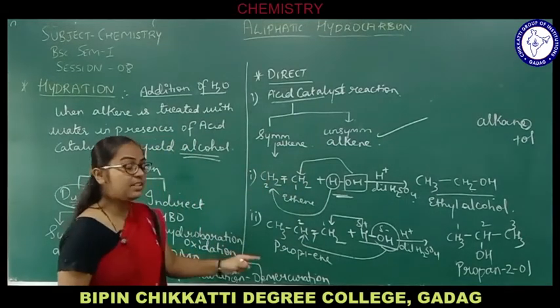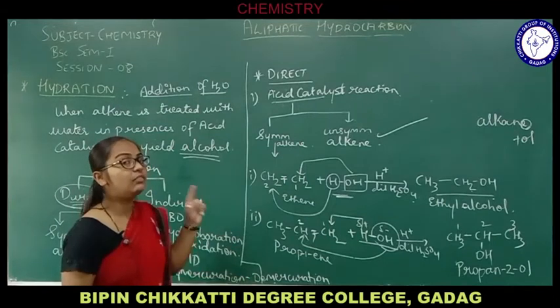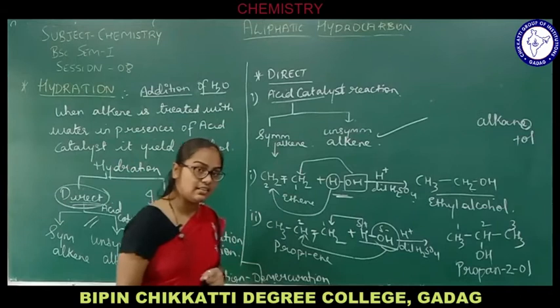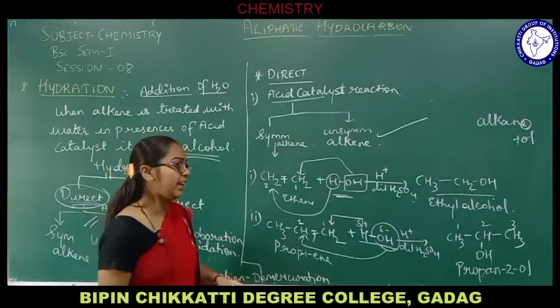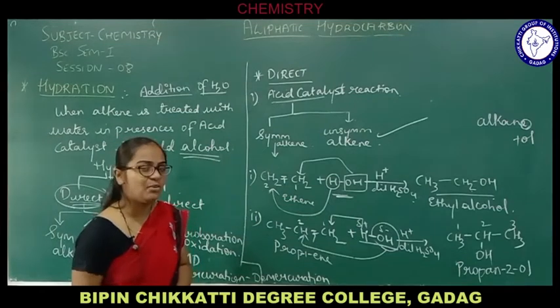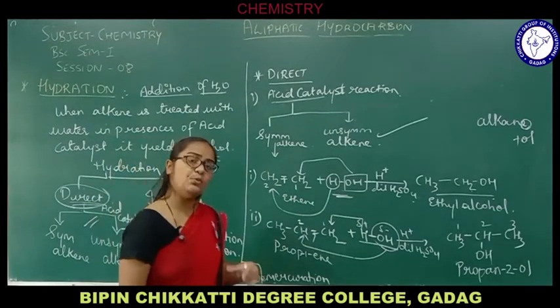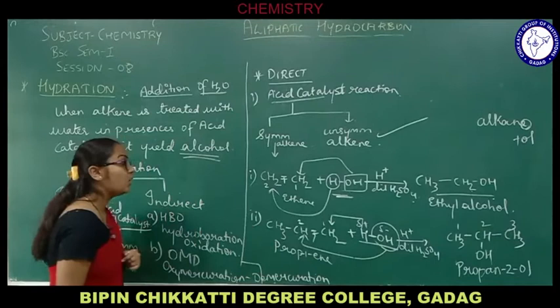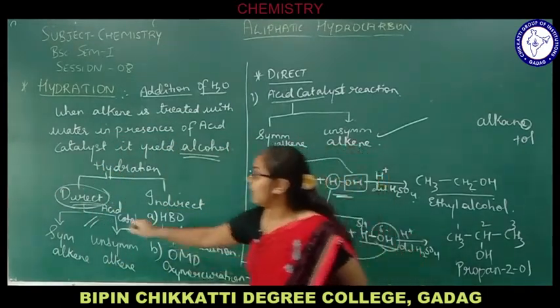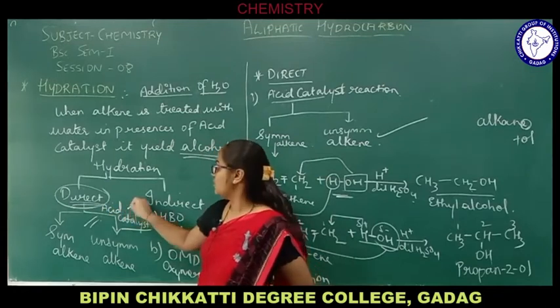Whereas in unsymmetrical alkene, the hydration will take place according to the Markovnikov rule in presence of acid catalyst, and you are going to get the secondary alcohol, which is propane 2-ol, right? So this is how the hydration process takes place for the alkene by the direct methodology in presence of acid catalyst.